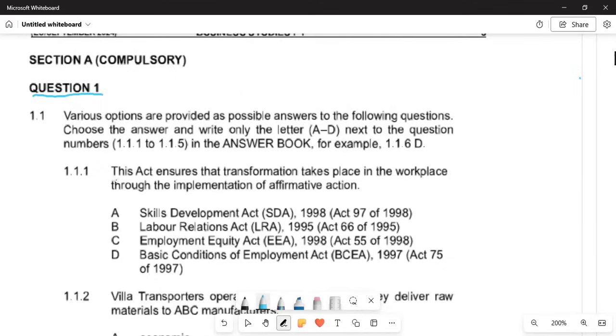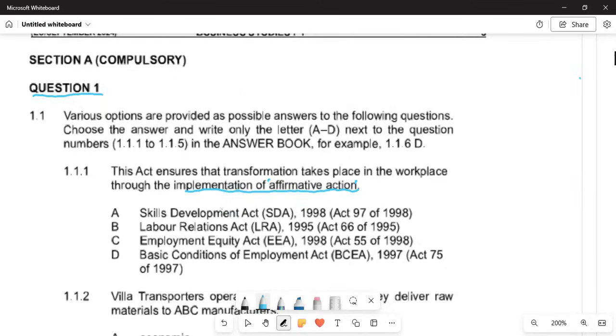The question says, the X ensures that transformation takes place in the workplace through implementation of affirmative action. As we know, when you're talking of affirmative action, we are saying that previously disadvantaged people are now going to be accommodated. Those people who were discriminated against in the past, more especially during the times of apartheid, are now going to be considered.